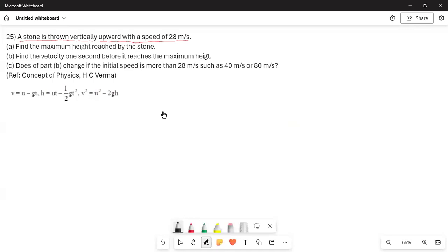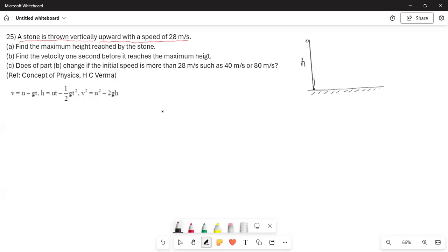This is the ground and the stone is thrown vertically upward, straight upward. Let us say the stone reaches this point. Let us say this height the stone reaches is h.